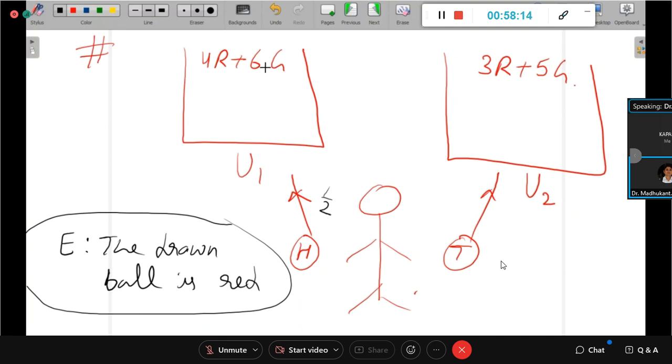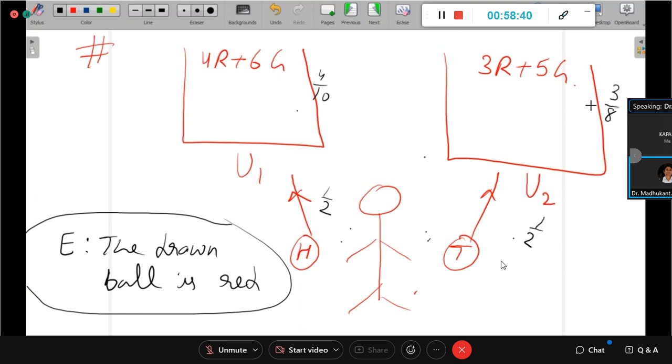So if you follow this chart, you will get head with probability 1/2, and then you are selecting the ball with 4/10, getting the drawn ball is red. And here is also 1/2 into 3/8. These two tasks are not simultaneous.